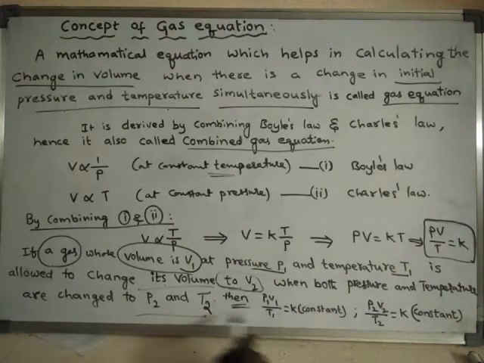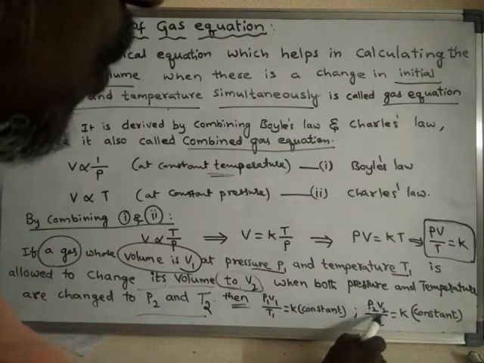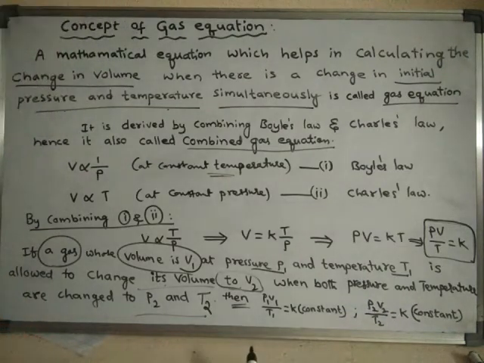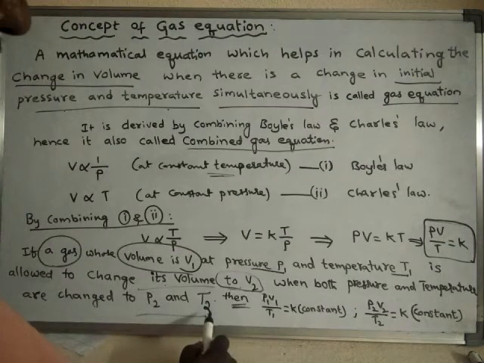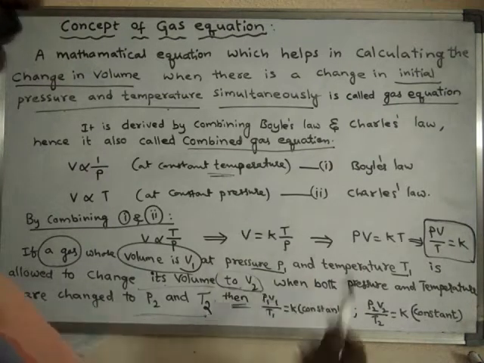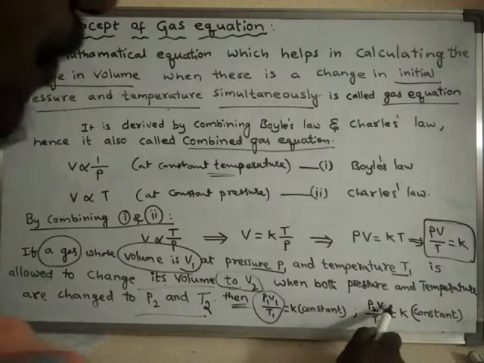Even after changing the pressure and temperature, the product P2 V2 by T2 will also remain constant. When pressure and temperature are changed, the volume will also change, and the volume changes by following this law.